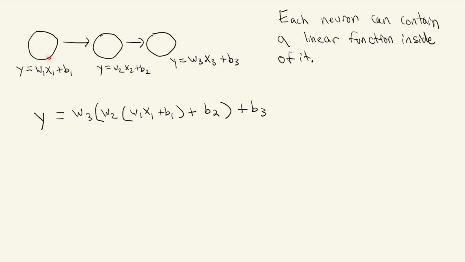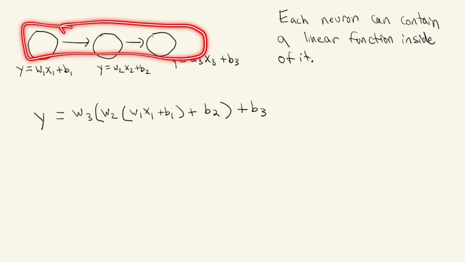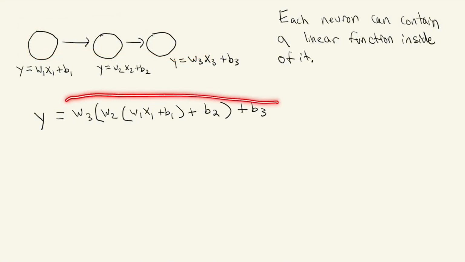But for this simplified example, what's important to know is that each of these neurons has a linear equation inside of it, a linear function inside of it of these forms, and the totality of this neural network leads to this gigantic linear equation with this output. That's what you have to have followed so far.